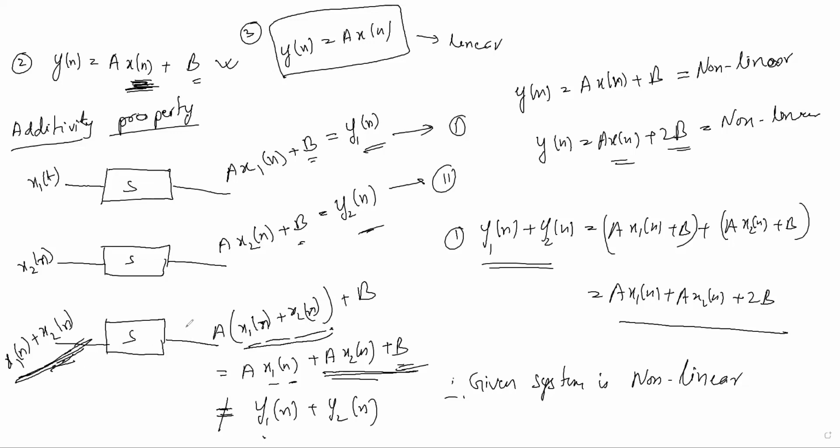Don't sum up equation 1 and equation 2 here. Understand? You should go through the system operation. What does the system say? The modification of x of n is done within this region only. That's why we have replaced x of n with x1 of n plus x2 of n. Is it clear?